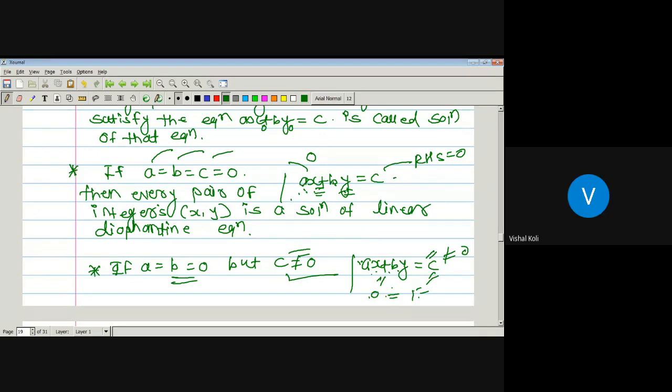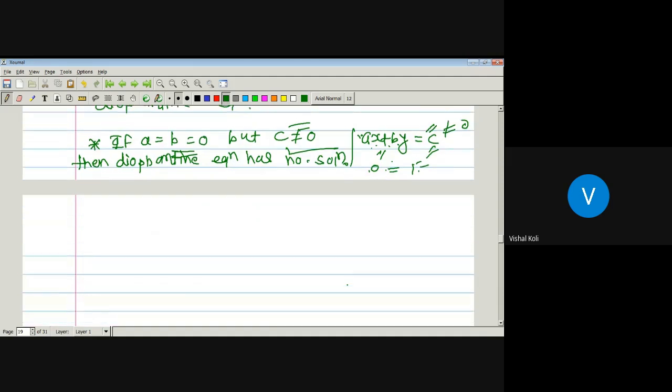This one is not possible. So in that case, that Diophantine equation has no solution.